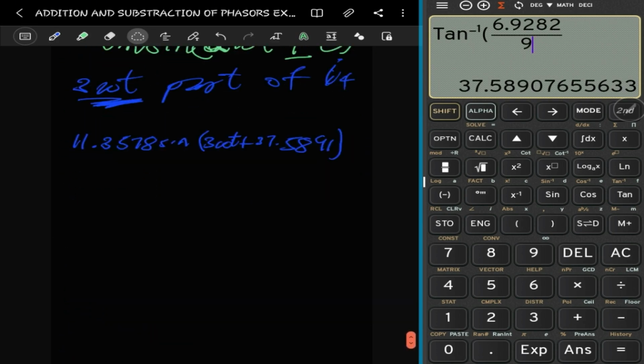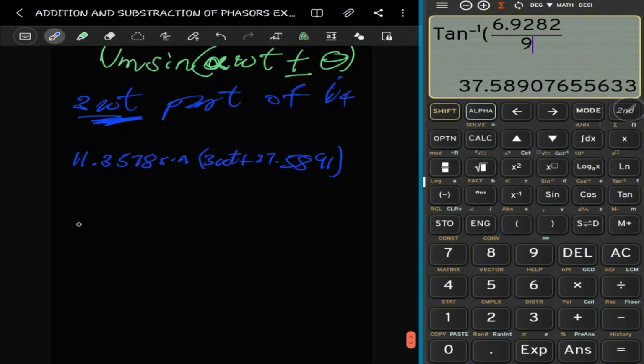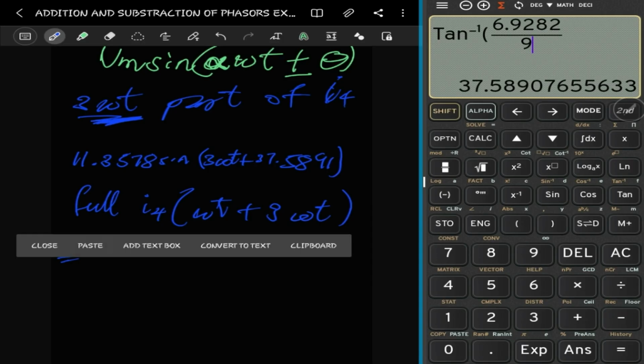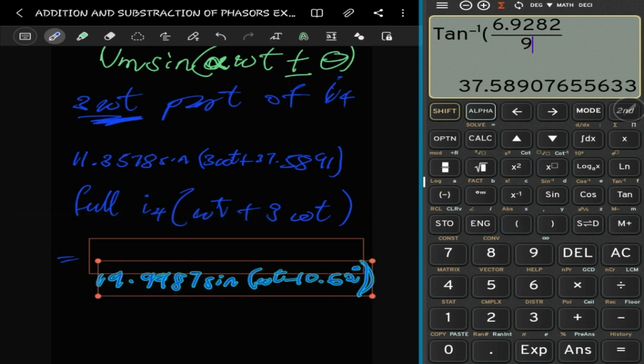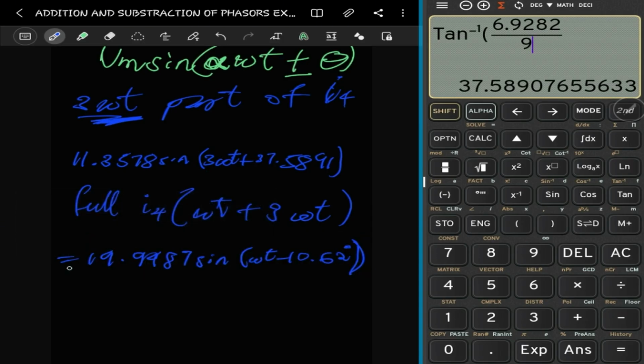So basically the full I4 has this frequency plus this frequency, everything all together, right? This is just the w frequency part, and then we have this one, this right here, what we just did.